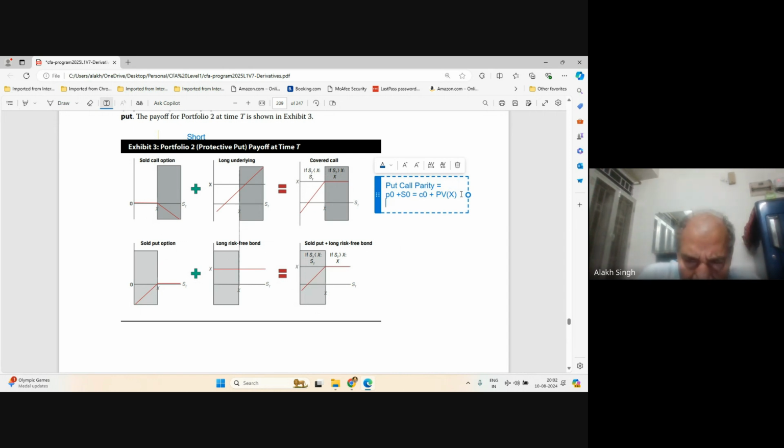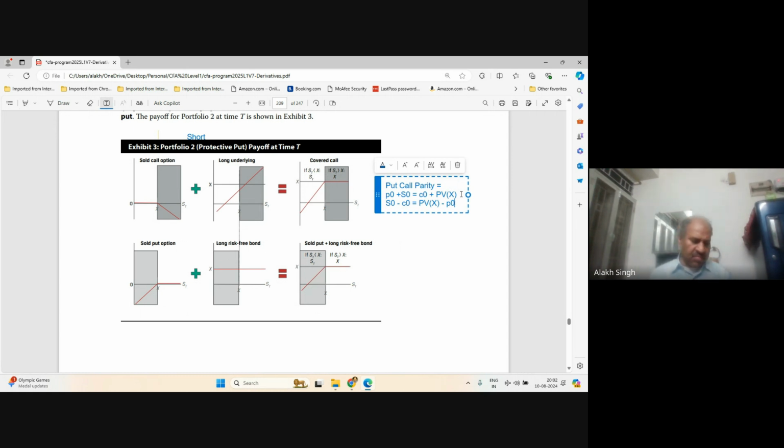So if we do S0 minus C0, it is equal to the present value of X minus P0.